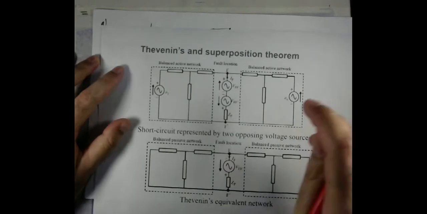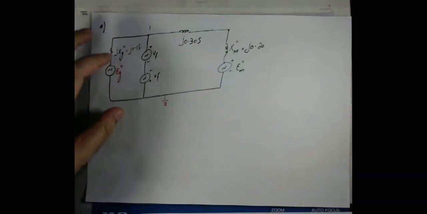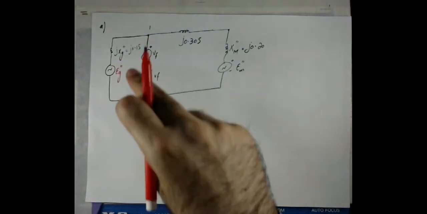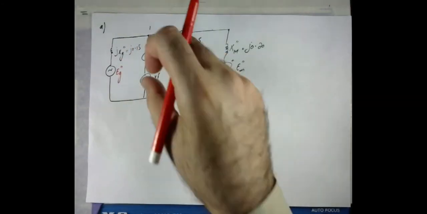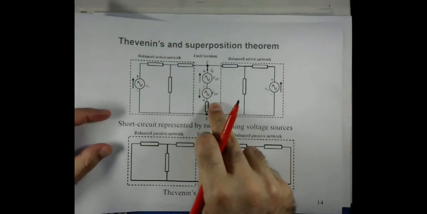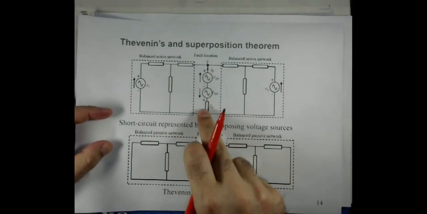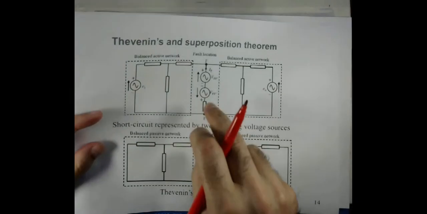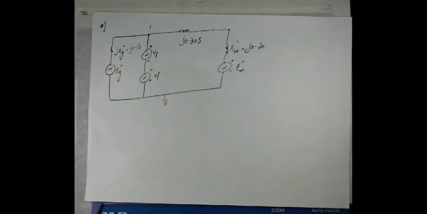So now I have represented the case of the short circuit at bus number 1 with the two opposing voltage sources, the same as we discussed in the theory. Here we were also considering the ZF, which is the impedance of the fault itself. But in this case that is assumed as 0, because in the description of the question it is mentioned that it is a bolted type fault.